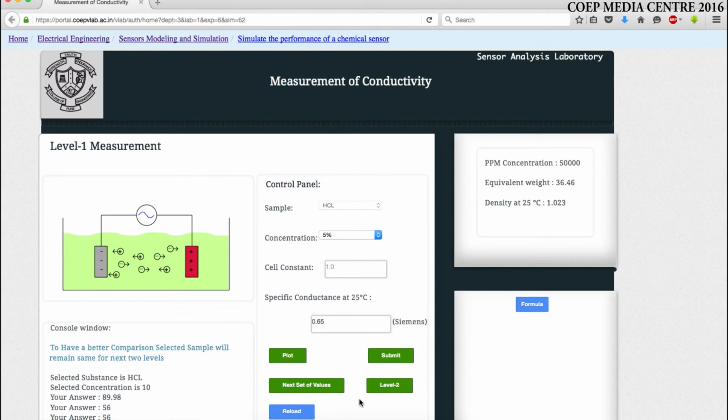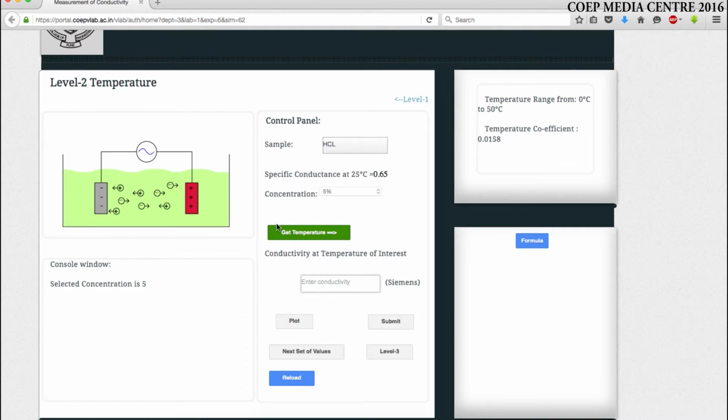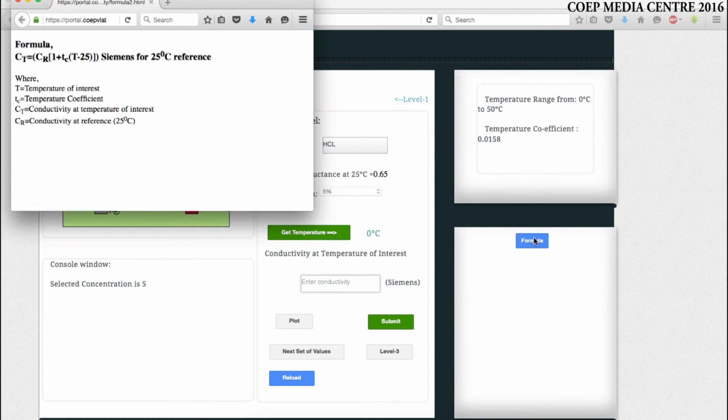Now, this enables you to go to level 2 of this experiment, wherein we have a sample HCl. Specific conductance at 25 degrees Celsius is 0.65. We have selected a concentration of 5%. So if you give a temperature of 0 degrees, what will happen? You can calculate the output in Siemens by using this formula.